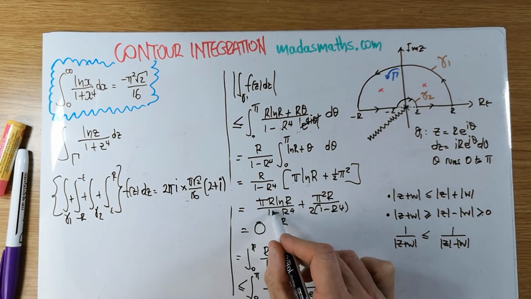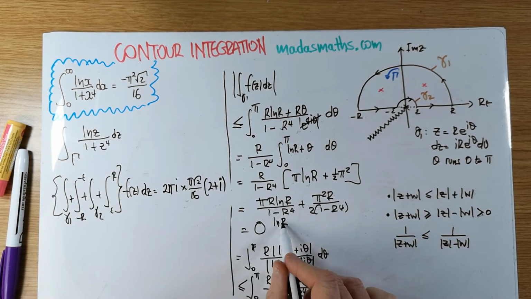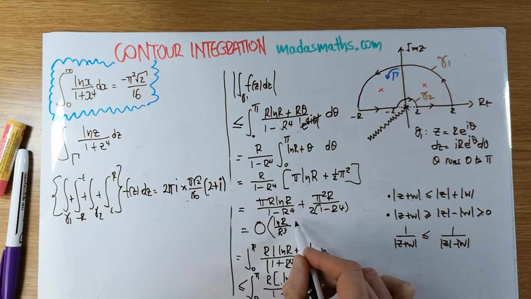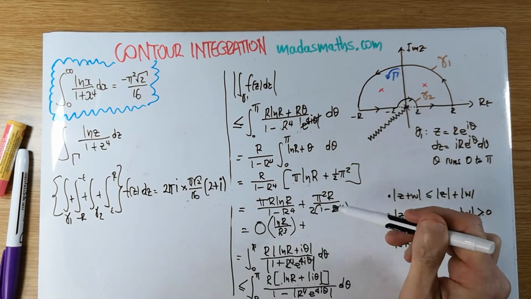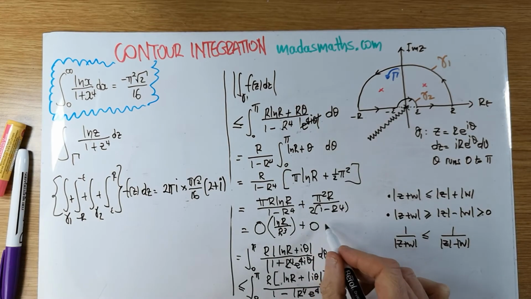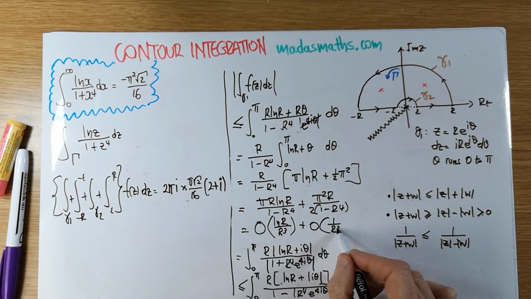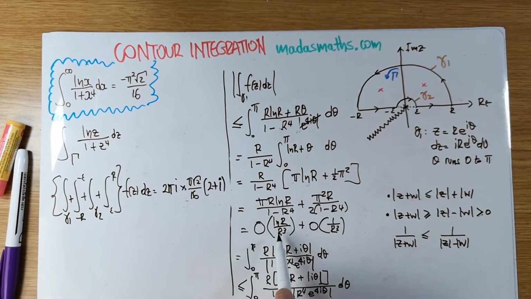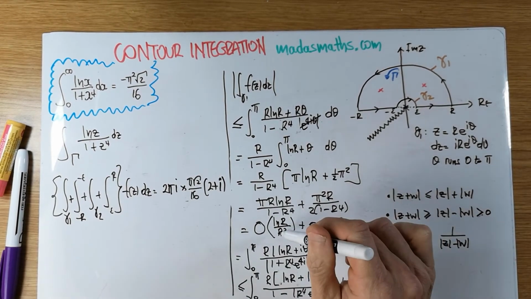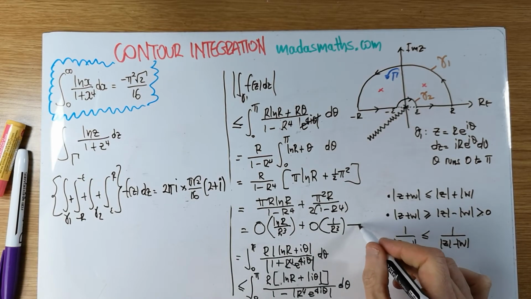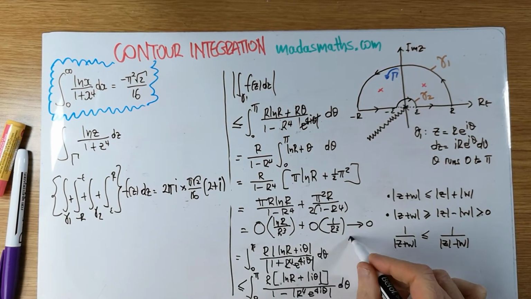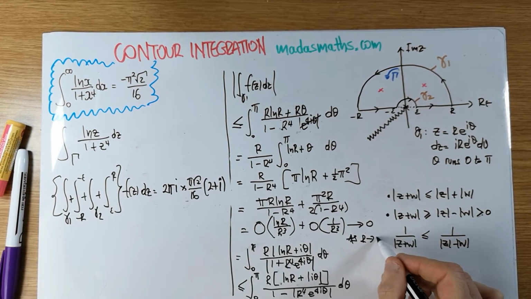This is just ignorable compared to the r to the 4. It is of the order log r on the top, and this r will cancel to give r cubed. And this one is going to be of the order, this we can throw away, of 1 over r cubed, which of course, as r tends to infinity, the dominant terms are here, and both of them will tend to 0 as r tends to infinity.